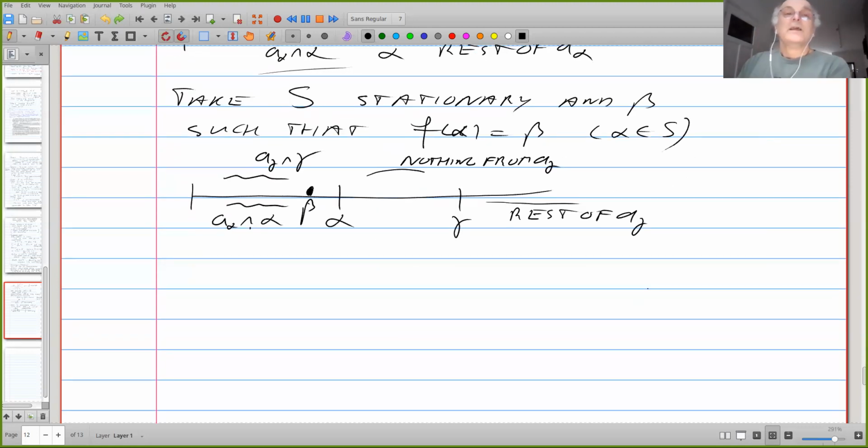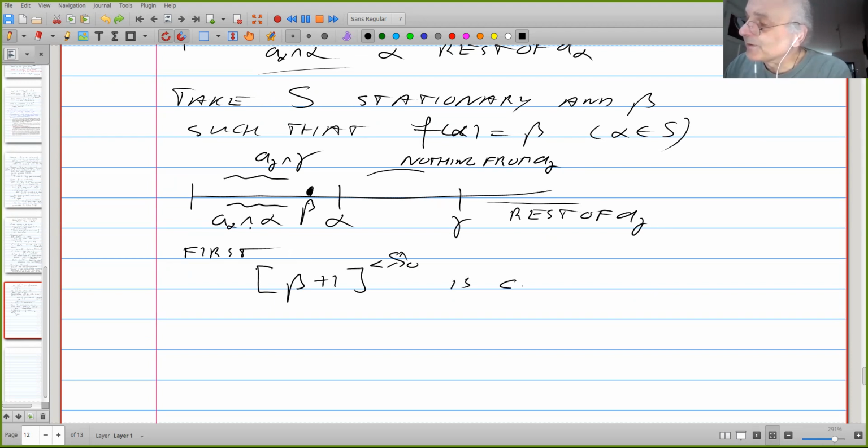Okay. Now we have two more things to do. First, the finite subsets of beta plus 1 is countable.